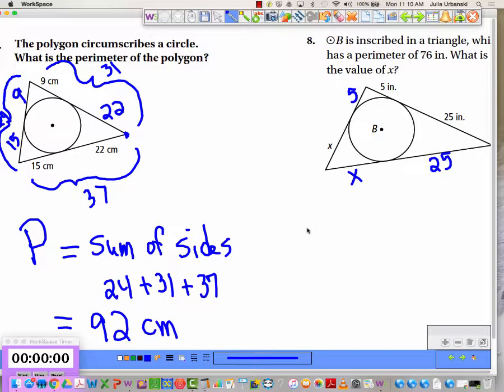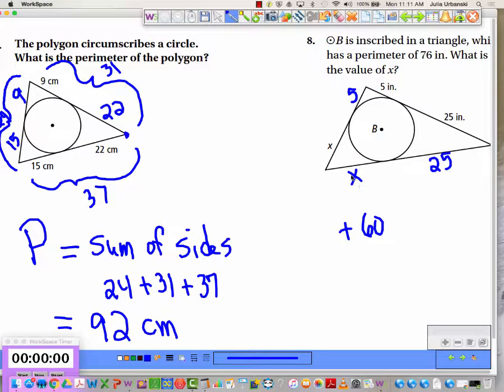So what we have this time is, there's lots of different ways we can write it. I'm going to just combine all my like terms as we add. So 5 plus 5 plus 25 plus 25, what does that make? 60. How many x's do we have?